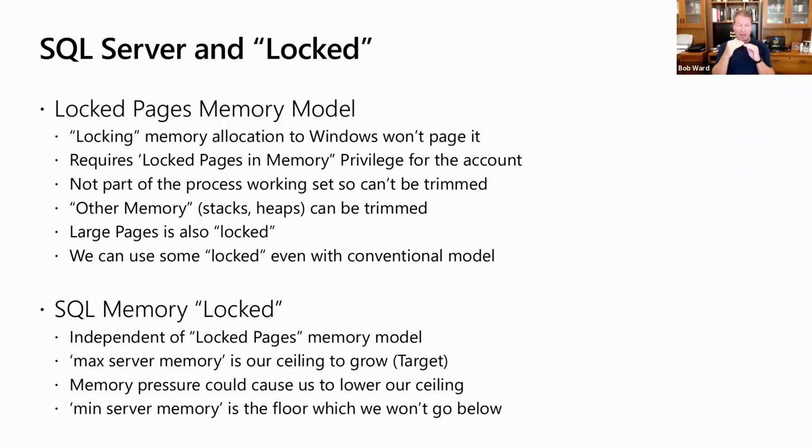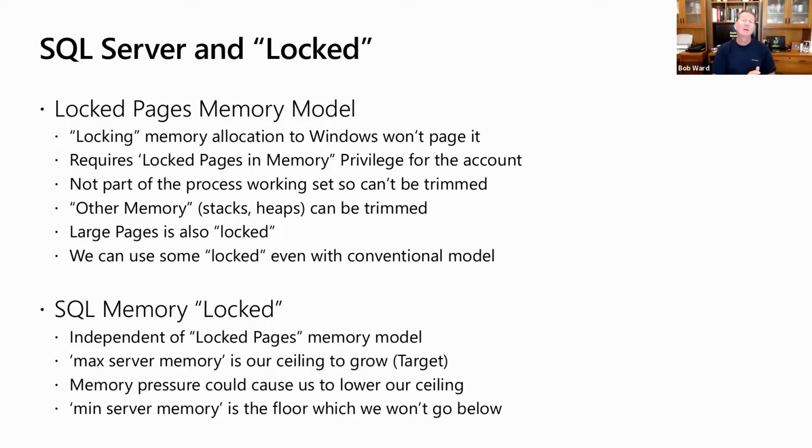If you set min to max, which again, I don't necessarily recommend unless you know what you're doing, say max to 20 gigabytes and min to 20 gigabytes, SQL will grow to 20 gig and it will never shrink below 20 gig. In a way, you've locked SQL Server from paging its own memory. Windows has no idea about this. This is independent of a working set trim or anything. This is SQL having the ability to not trim its own memory.